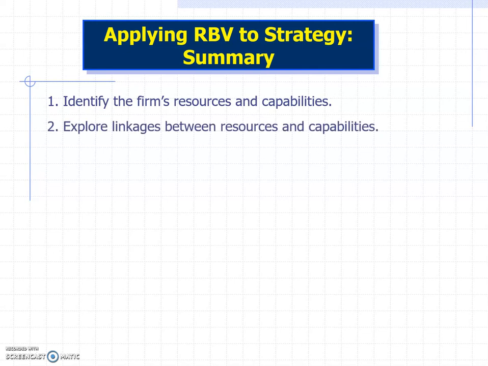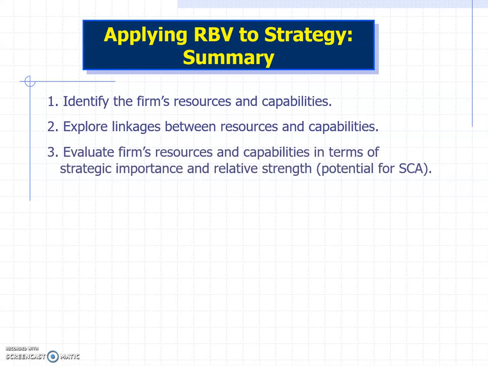Then we explore the linkages between the resources and capabilities in terms of their organization, their processes, their sub-processes, their components. And then we evaluate the firm's resources and capabilities in terms of the strategic importance and the relative strength, that is, the ability for them to provide sustainable competitive advantage.